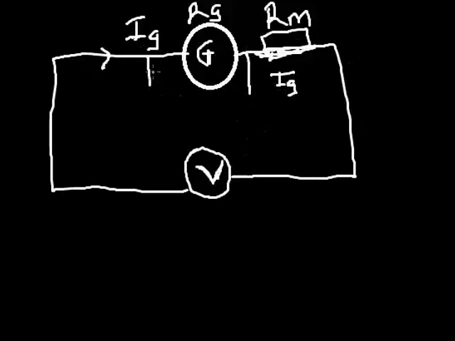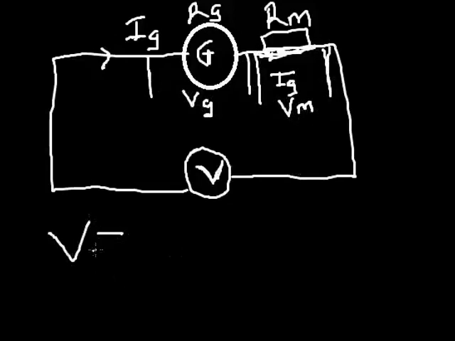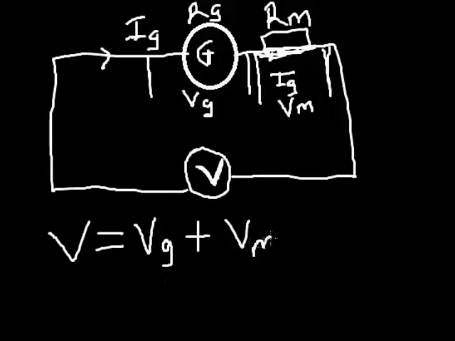Some will go to the galvanometer, let me call it Vg. Then the multiplier takes its own voltage. So the total voltage of the voltmeter is the sum of the voltage of the galvanometer Vg plus the voltage of the multiplier Vm.